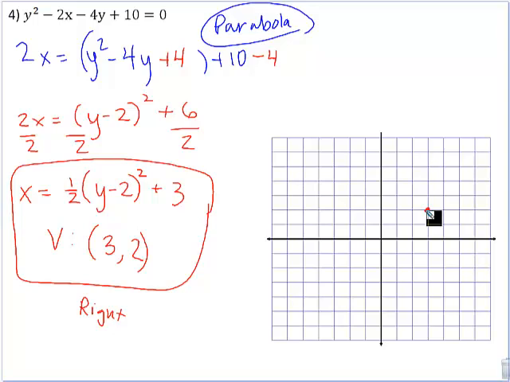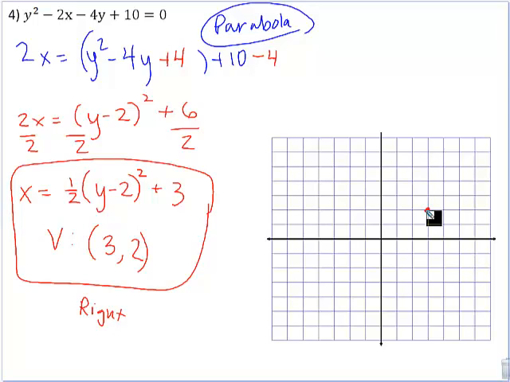Now, who remembers how the pattern works? Normally we go over 1 and then up 1 squared. So over 1, up 1. If we go over 2, how far up do we go? 4, because 2 squared is 4. If you go over 3, you go up 9. Now we're just going to take that pattern and think about it on its side. And we have a 1/2 out in front.